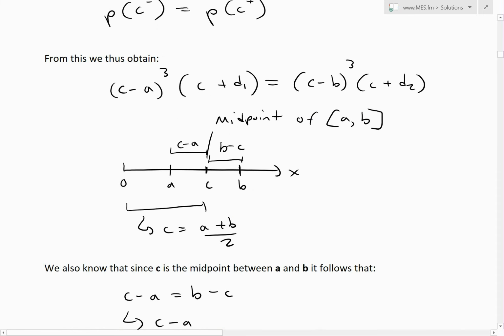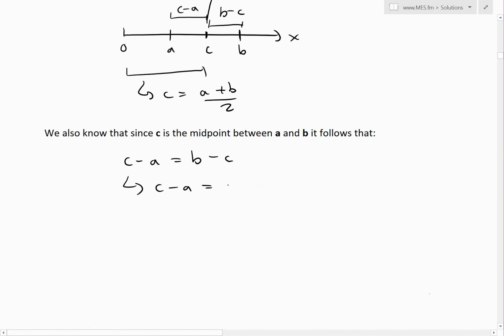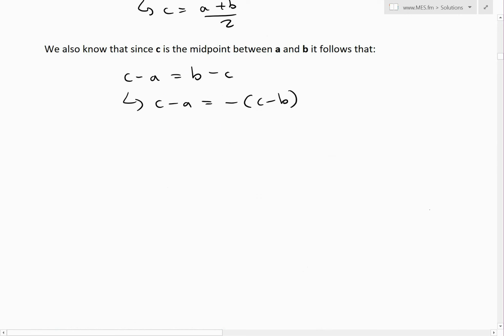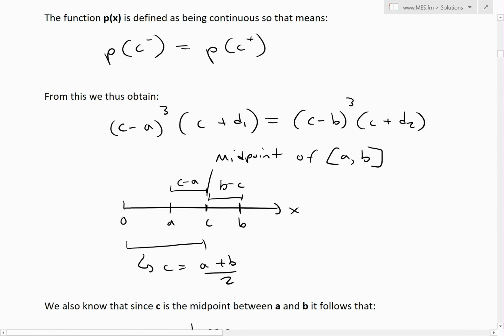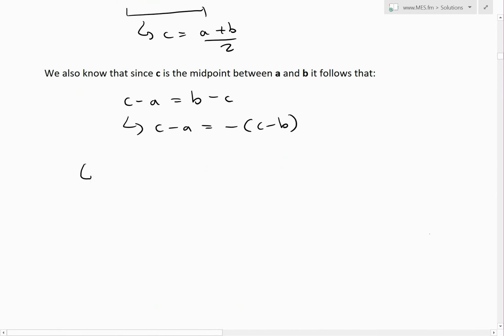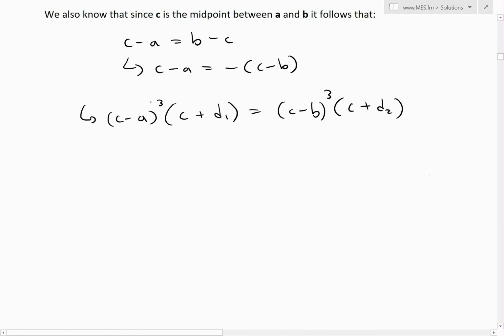So c minus a equals, taking a negative out, negative c minus b.